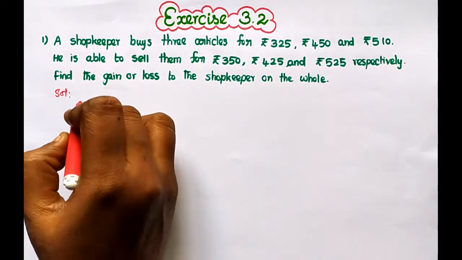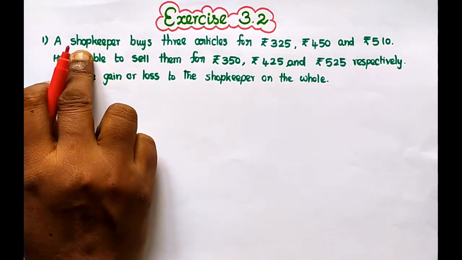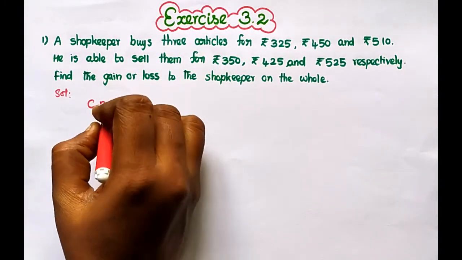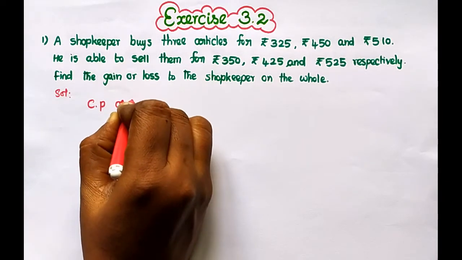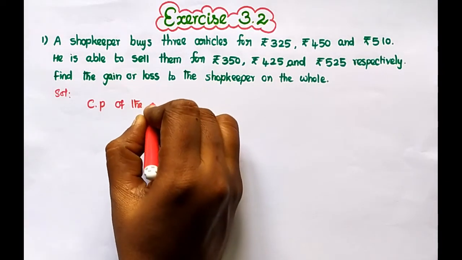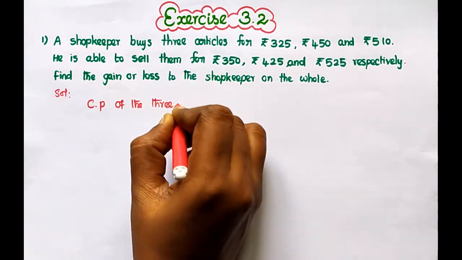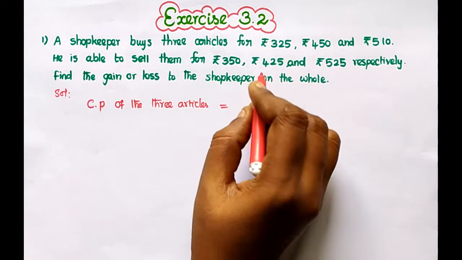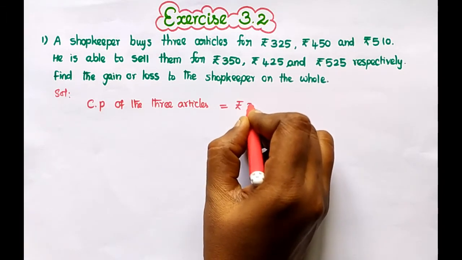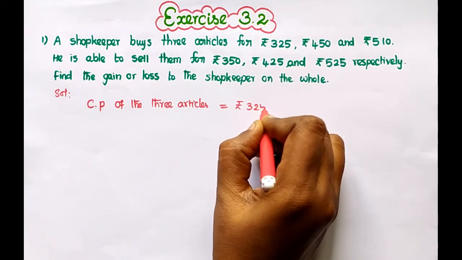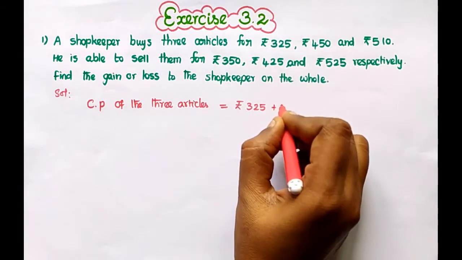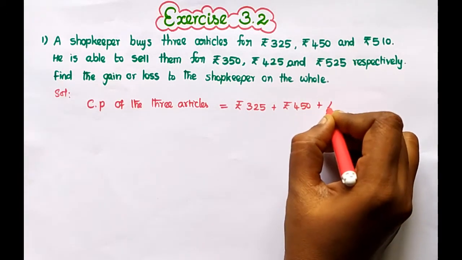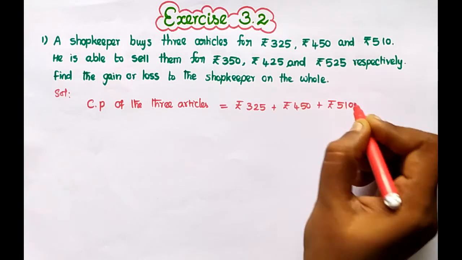So first, the cost price of the 3 articles the shopkeeper buys is equal to 325 plus rupees 450 plus rupees 510.